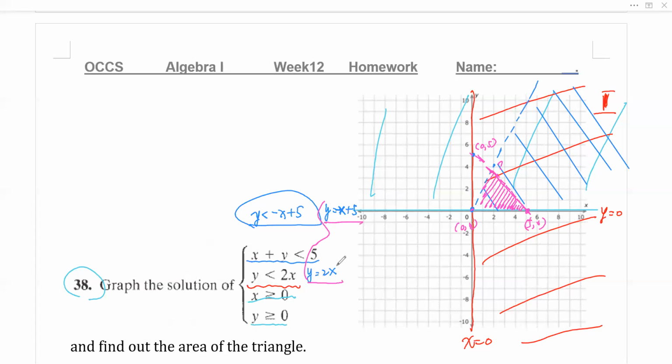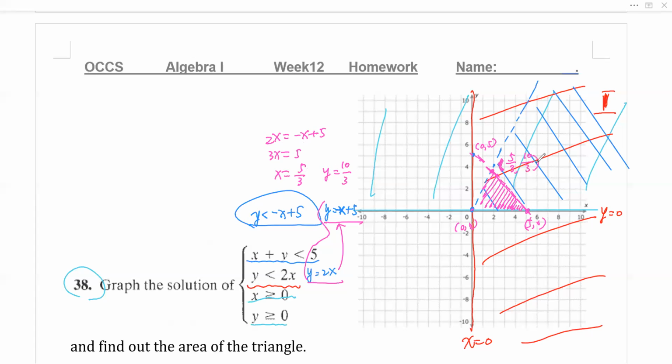So we can use the substitution method. We have 2x equals negative x plus 5. So you get 3x equals 5. X equals what? 5 over 3. So y equals what? 2 times x, so 10 over 3. We can find this cross point is 5 over 3, 10 over 3, right?